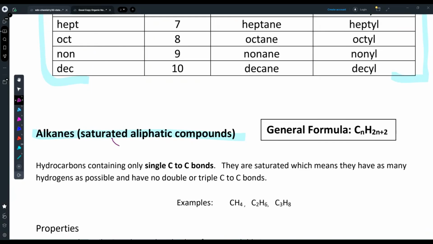So this word saturated is related to this compound only having single carbon-to-carbon bonds. If a compound has double or triple bonds in it, then it is no longer saturated, or it no longer has the most amount of hydrogens possible.